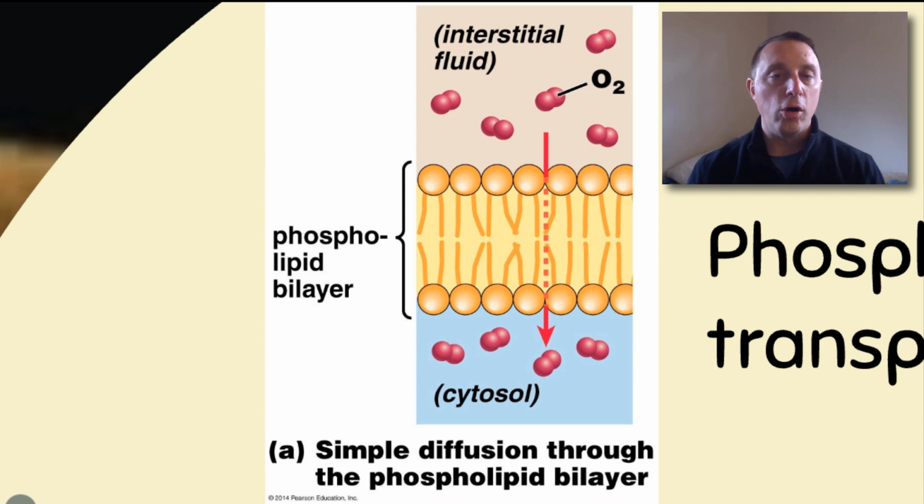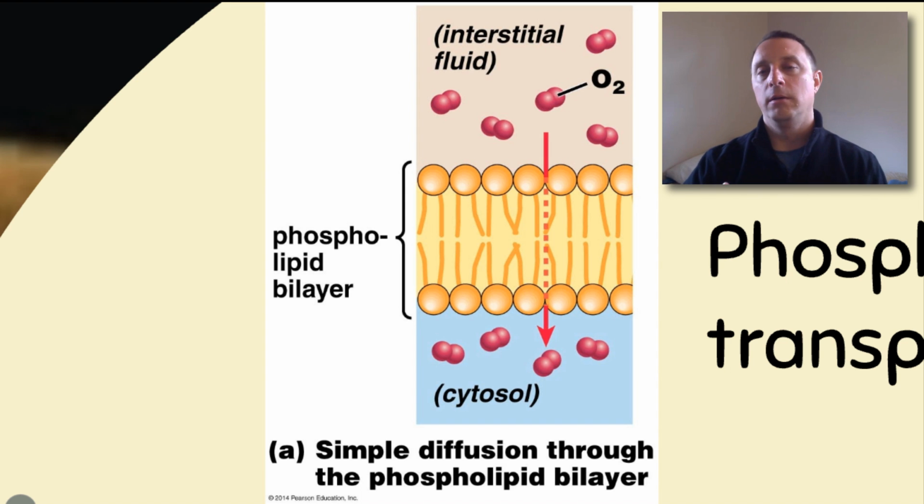So small non-polar molecules can generally pass right through the membrane. Things like dissolved gases like oxygen can move through the membrane very, very easily because they can associate with that non-polar region in the middle.